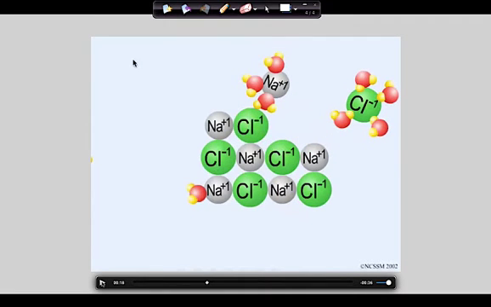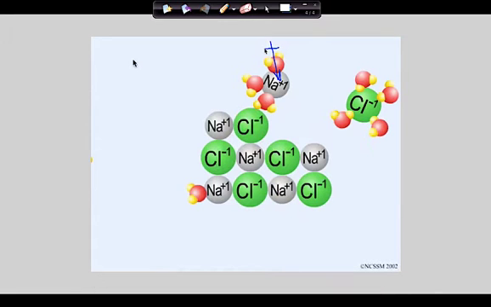Notice that as they do, the negative dipole of the oxygen is attracted to the positive sodium, and the positive dipole of the hydrogens, which technically should be white, are attracted to the negative chlorines. And these molecules surround these ions and carry them off into solution.